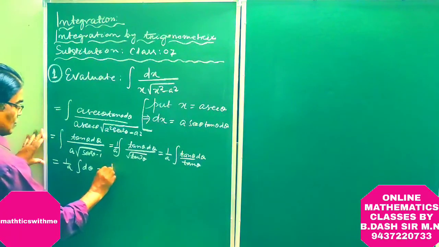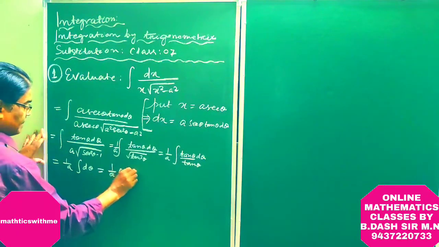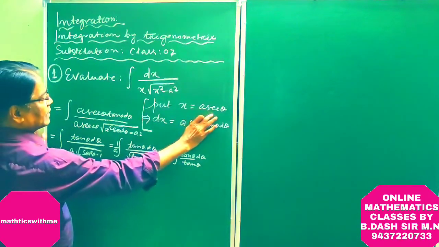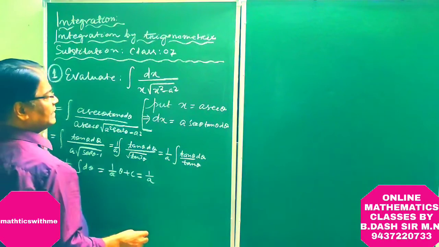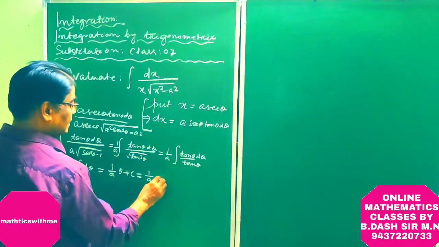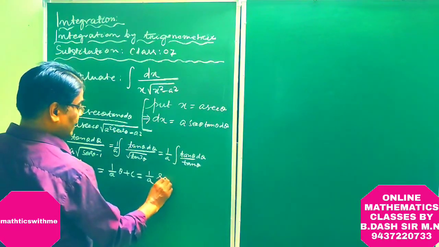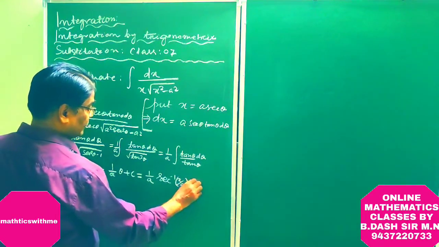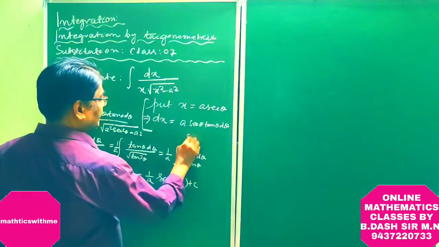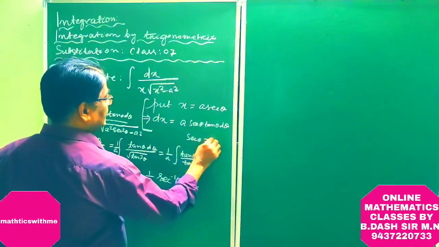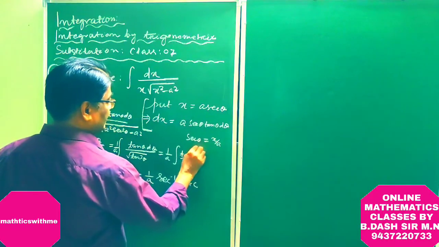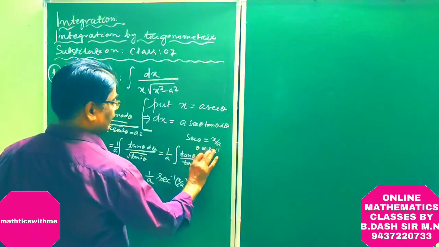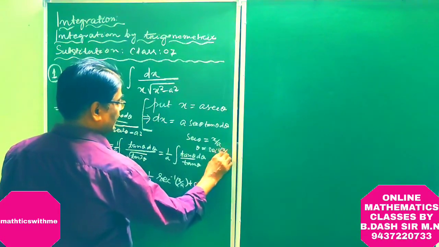This is equal to 1 by a theta plus c. Here sec theta is equal to x by a, theta is equal to sec inverse x by a plus c.